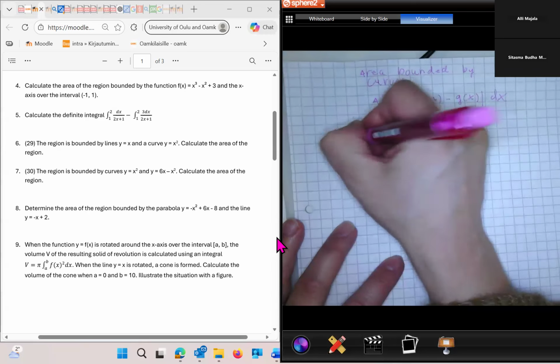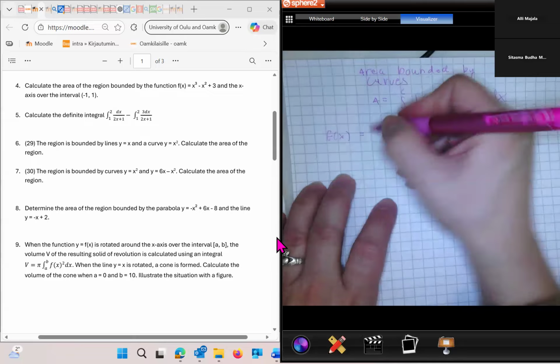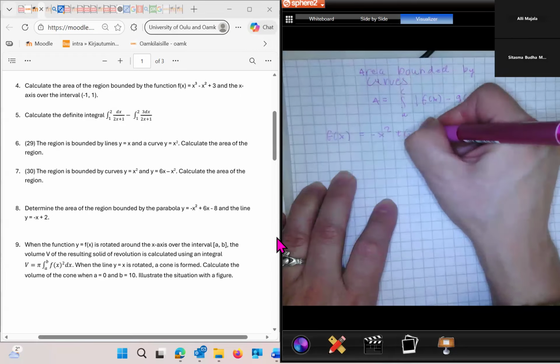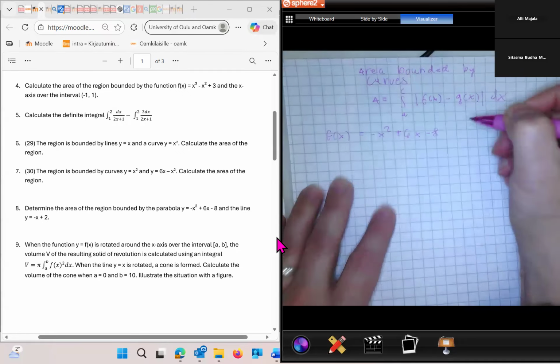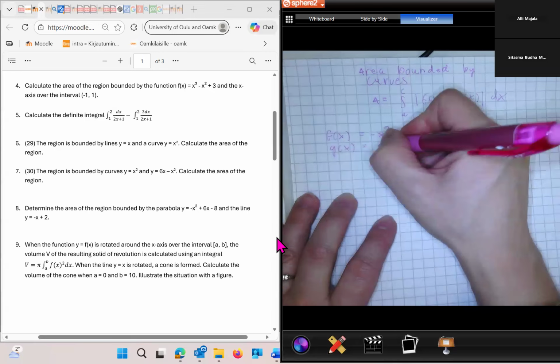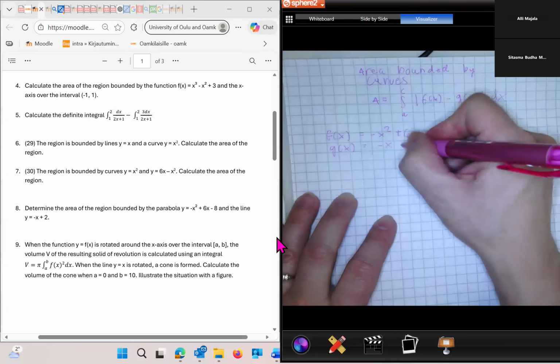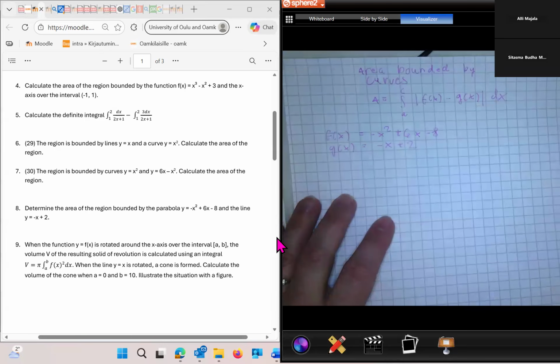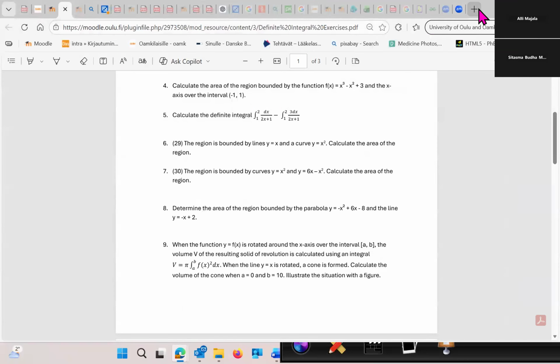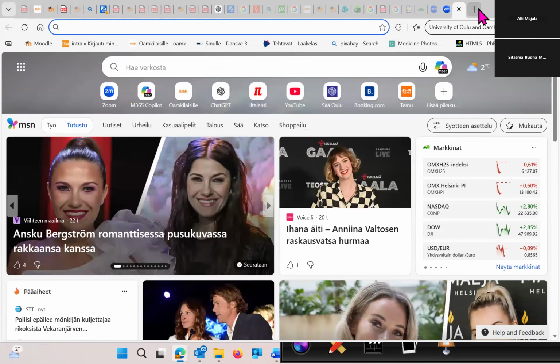If my f(x) would be minus x plus 6 minus 8, and my g(x) would be minus plus 2, then I have to decide where they, how do you say, cut each other.